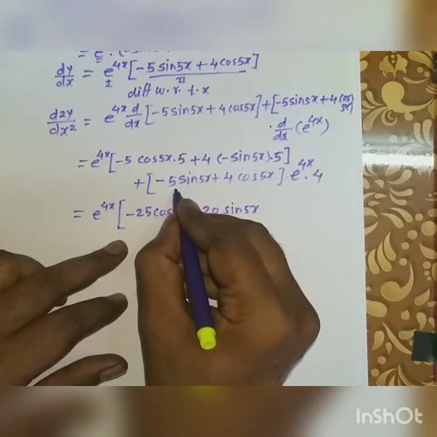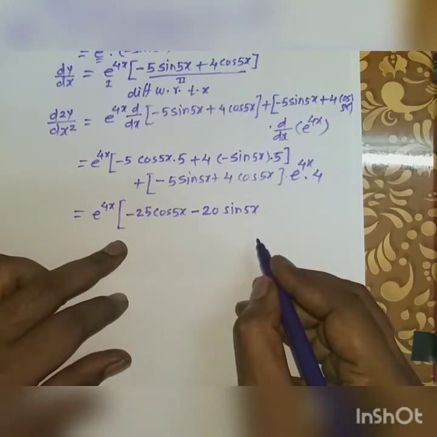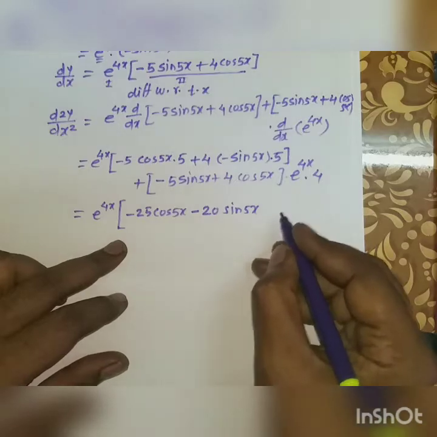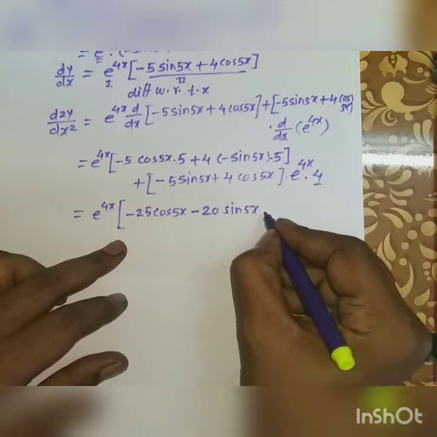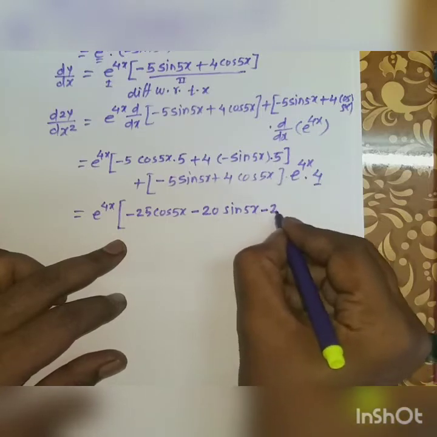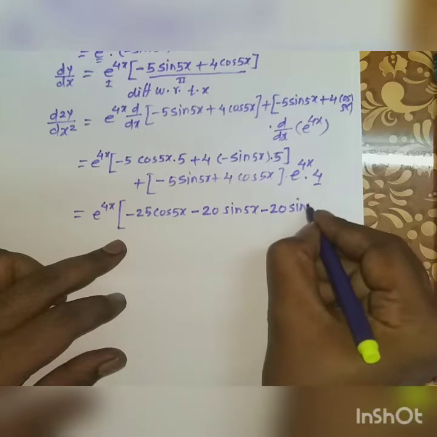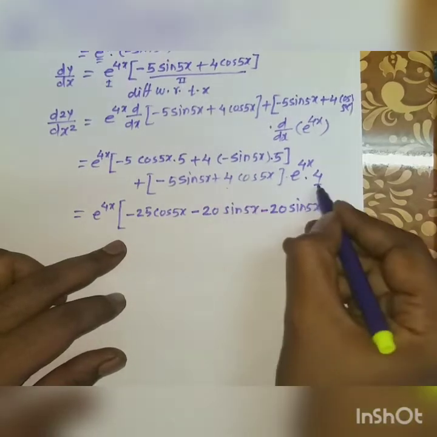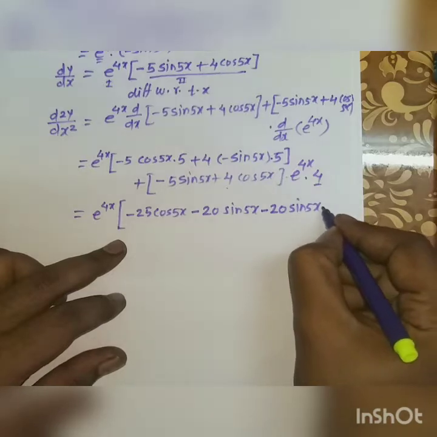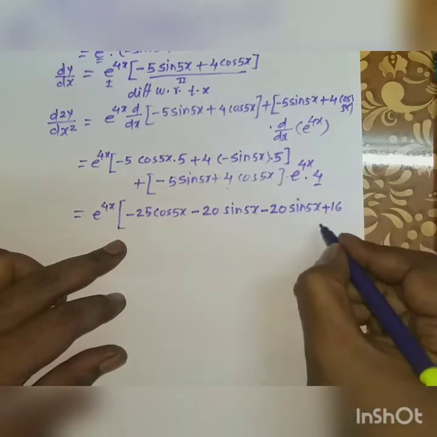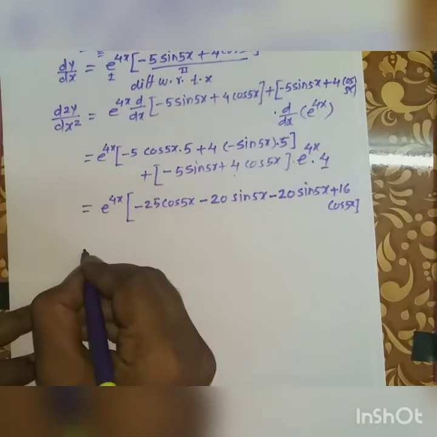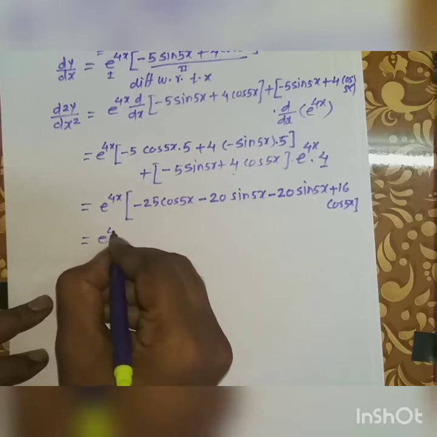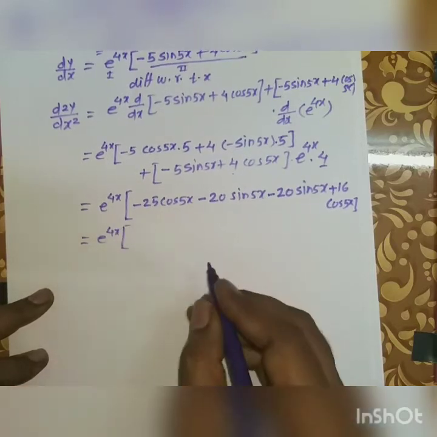Here check the third term, minus 5 into this 4, minus 5 into 4 is minus 20 sin of 5x, and this 4 into 4 plus 16 cos 5x, bracket complete, is equal to e raised to 4x bracket.